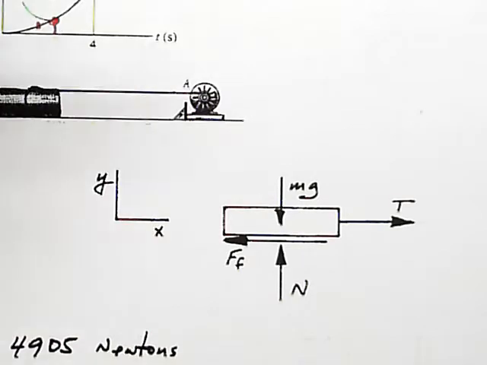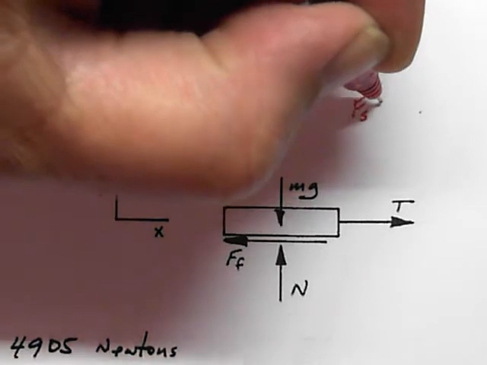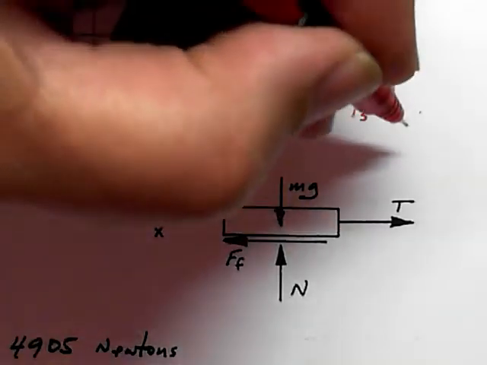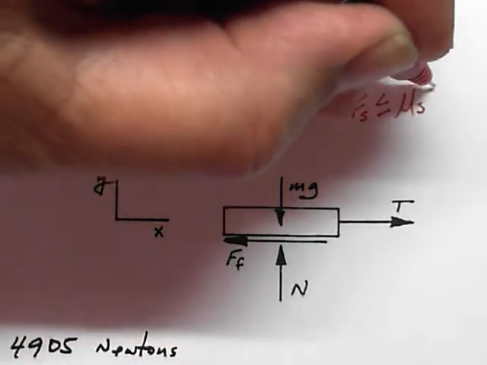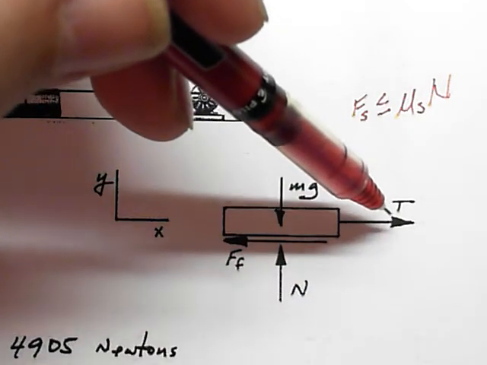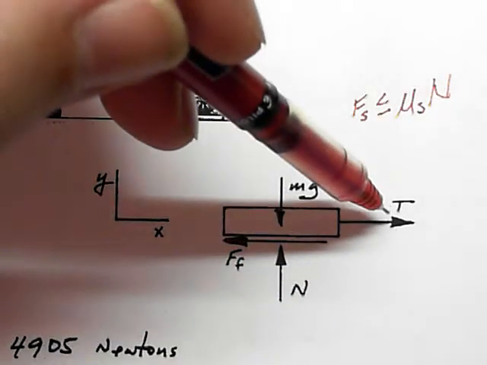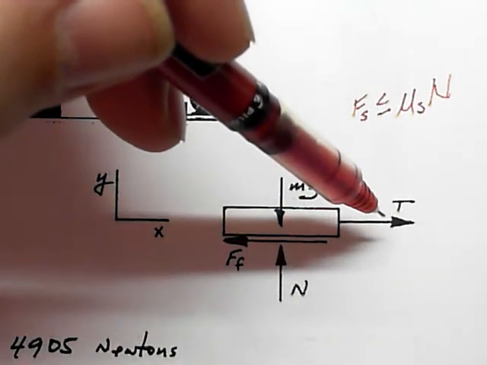Remember, when I'm not moving, the friction force is less than or equal to mu static times the normal force. It's not equal to mu static times N, it's less than or equal. But when my force is not able to move the log, then my friction force precisely cancels the rope force.